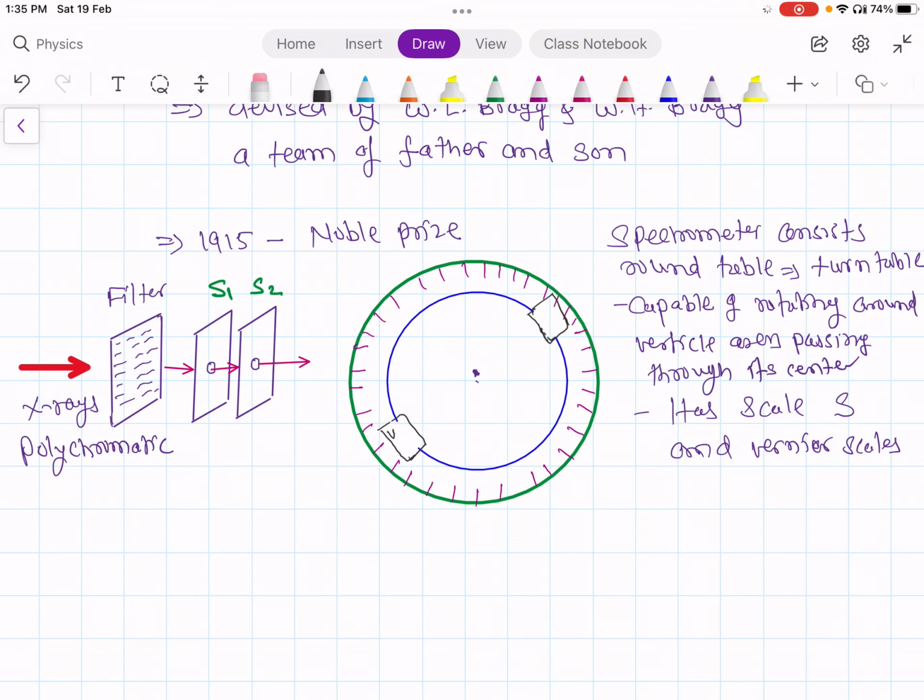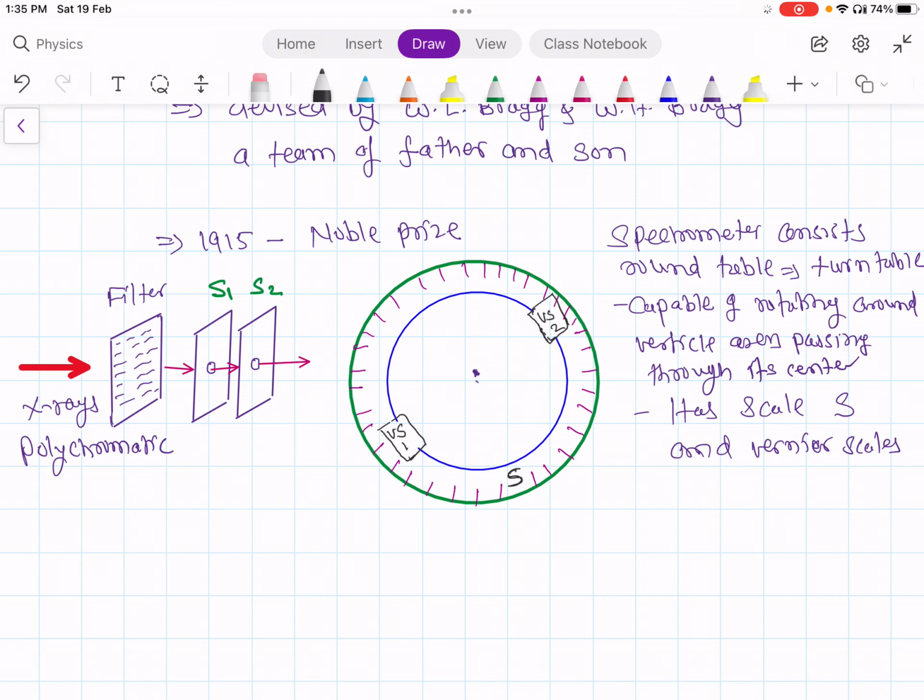So this is VS and this is also VS. You can say this is VS1, this is VS2, through which we can take the vernier scale reading. From the scale S, you will get the main scale reading, and from the vernier scale, you get the vernier scale reading. Then the exact reading is main scale plus vernier scale reading.